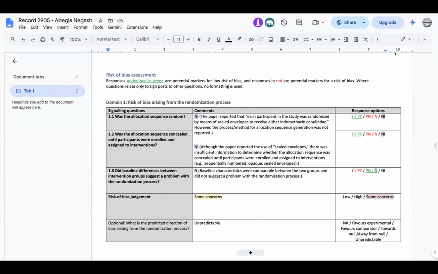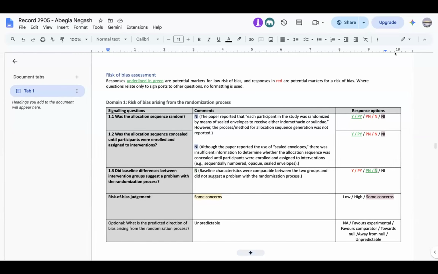It was mostly the same reasoning as 1.1, with the randomization by means of sealed envelopes. So it describes the concealment mechanism. But the sealed envelopes, I think they meet the minimal criteria for adequate allocation concealment identified in the RoB 2 guidance, even though the extended criteria are not described in the text. So I put probably yes for that reason.